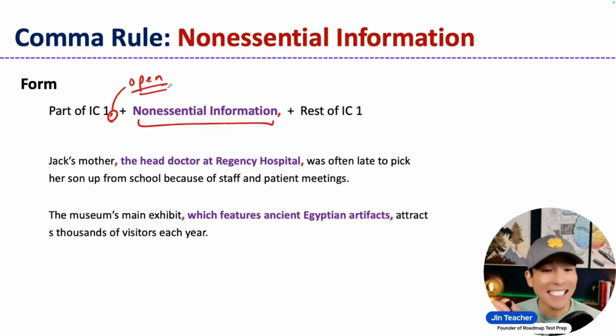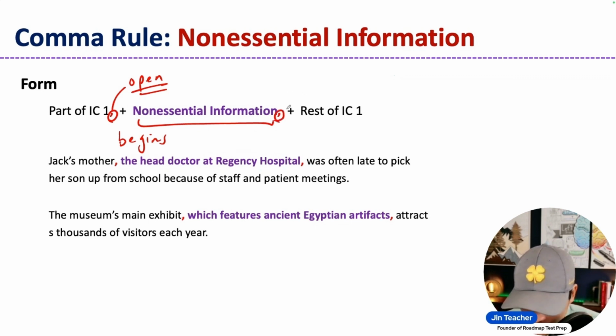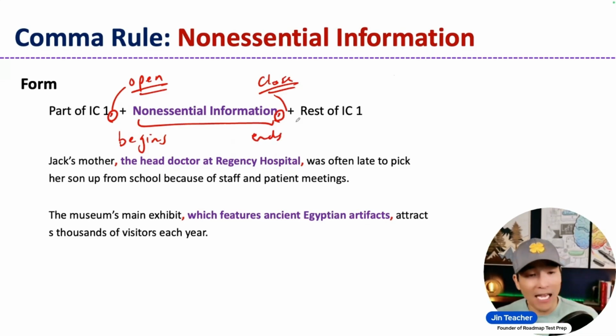It begins or starts the non-essential information. And then this comma here is going to be used to close the non-essential, or basically just ends the non-essential, okay? So we have two commas that are going to surround the non-essential information. And this non-essential information is going to be placed inside of a sentence, okay?